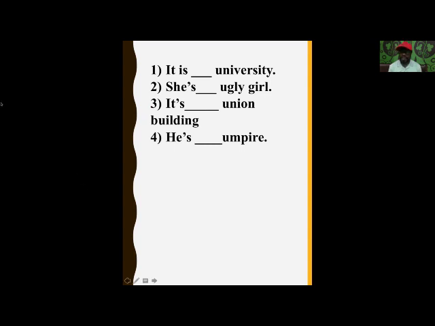In the blank, fill in the right article. Pause the video. Write in your book. Make sure you have a margin. Draw a margin in your book. Put the letters, the numbers this side, and you start writing.